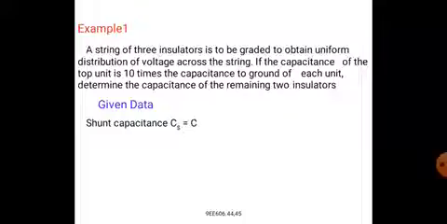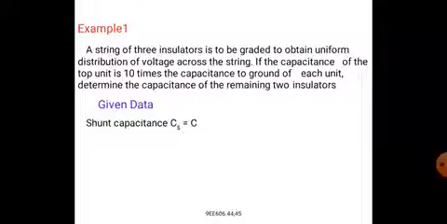Cs is equal to C, and the mutual capacitance of the top insulator, C1, is equal to 10 into C. So mutual capacitance is equal to 10 times the capacitance to the ground of each unit.